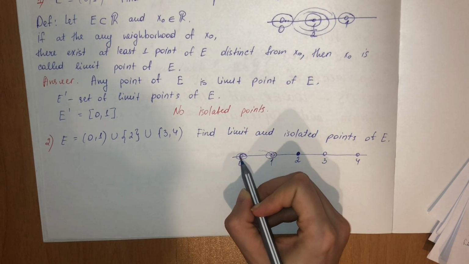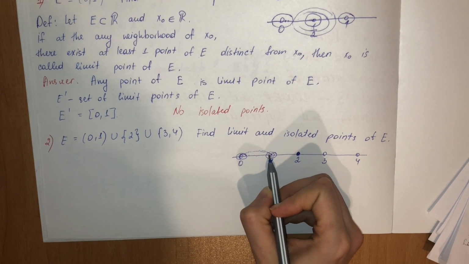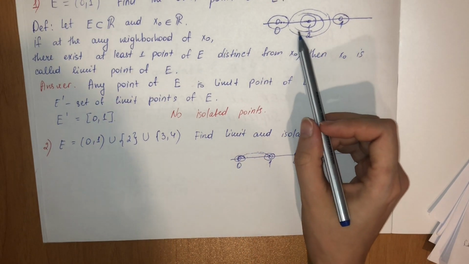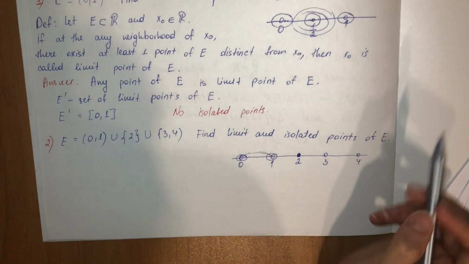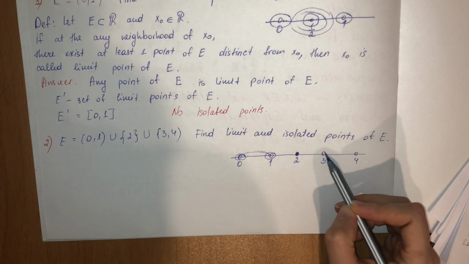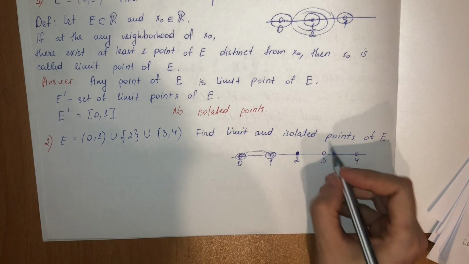Inside of this open set, any points are limit points. We showed it in our previous example. And the set (3, 4) is similar to this set.